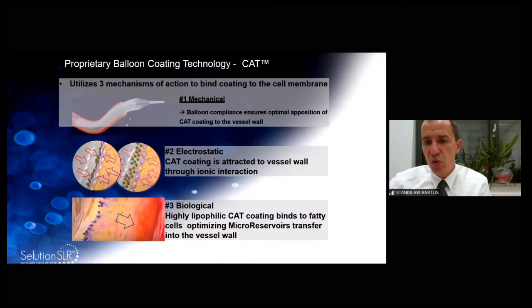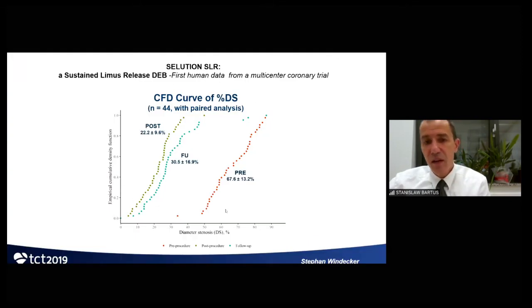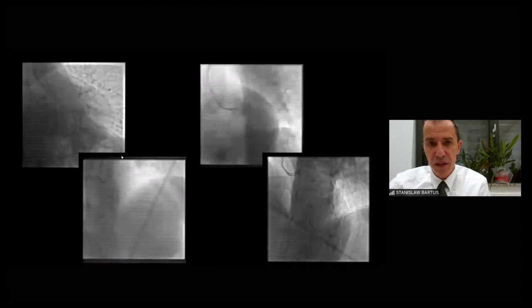I do not want to repeat it, but I would like to stress that this electrostatic coating and this new biodegradable polymer that is the carrier delivering the drug to the tissue give a new landscape for using drug-eluting balloons in the side branches, and it is supported by the very nice results brought by Stefan Windecker.